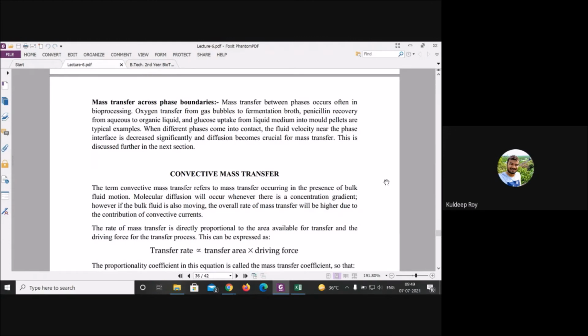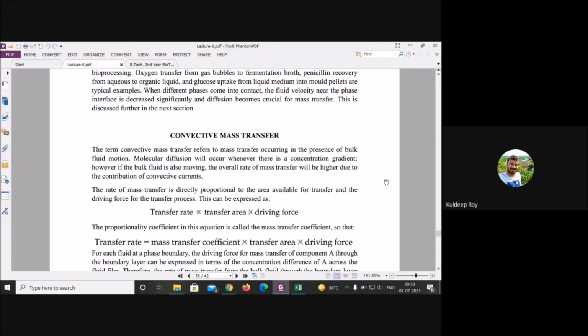Okay, here I want to recall a few things, like we have already discussed convective mass transfer. Convective means something will be moving. In convective heat transfer, we read that convective means something will be moving.